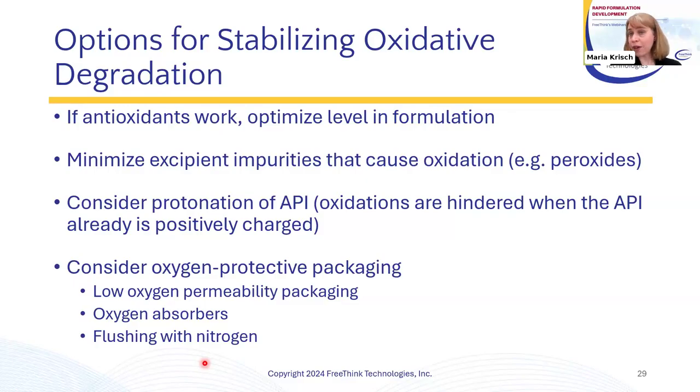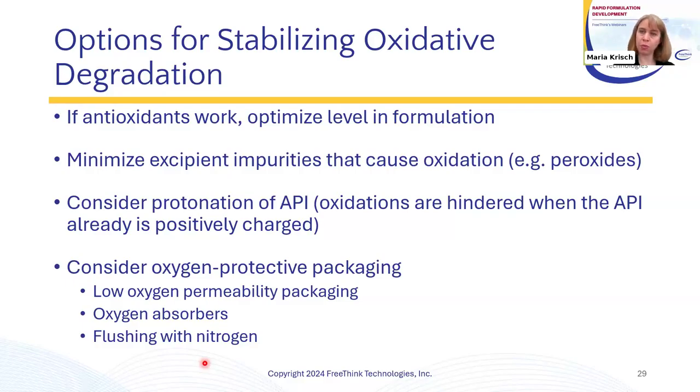Now, if you have an oxidative degradation going on, the product itself may reduce the oxygen level just by reacting. So it's possible that all you need is low permeability packaging. But there are also more active ways of reducing the oxygen. Specifically, oxygen absorbers are very effective and very quick, or flushing with nitrogen.